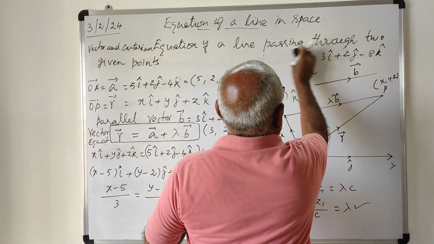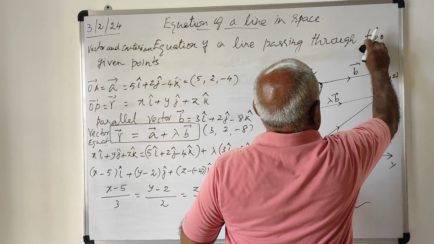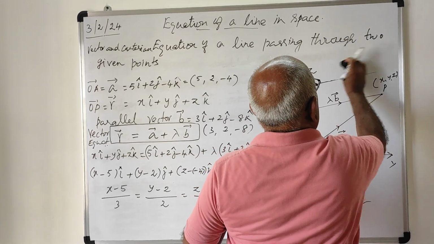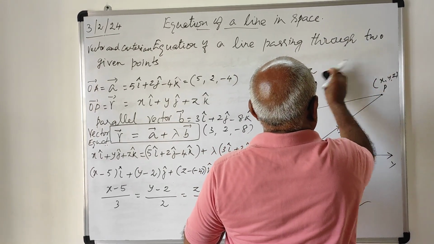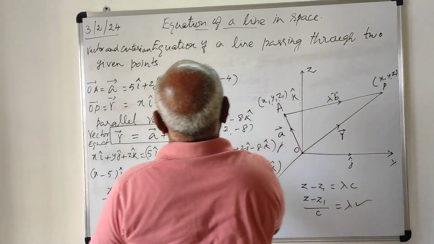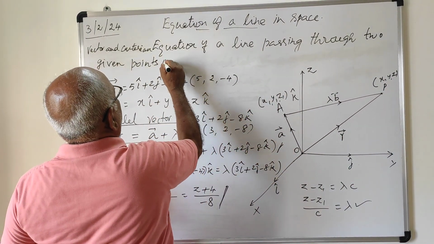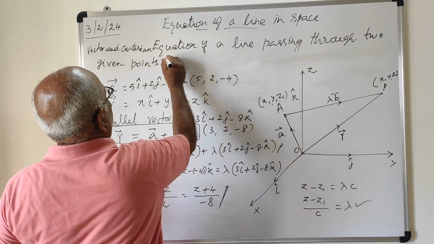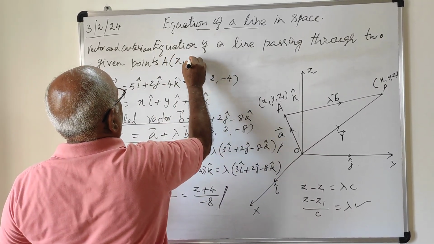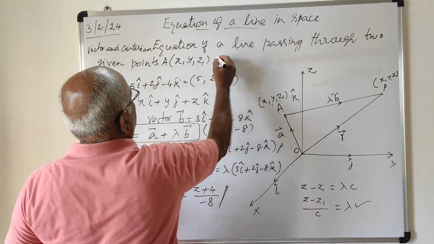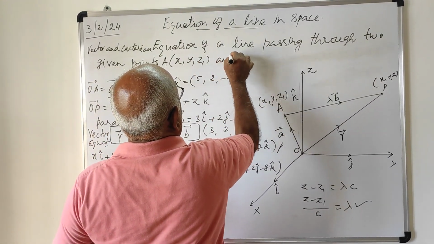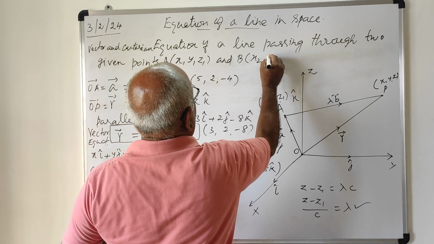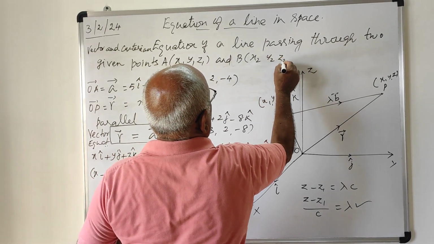Here two points are given. One point A is x1, y1, z1, and the other point B is x2, y2, z2.